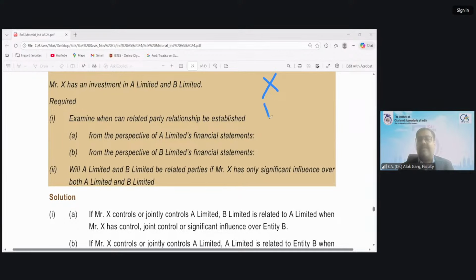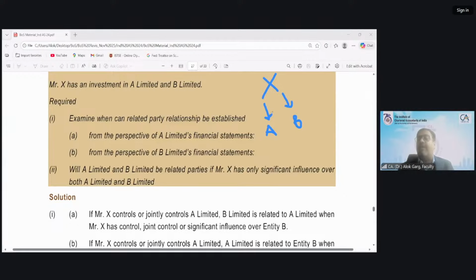Let's say X has control over A and X has control over B. Are both related parties? Yes.